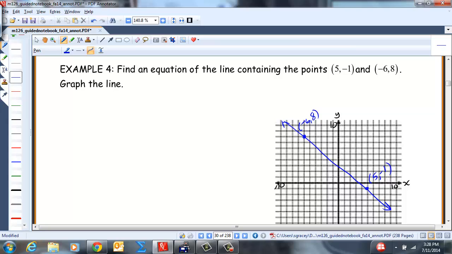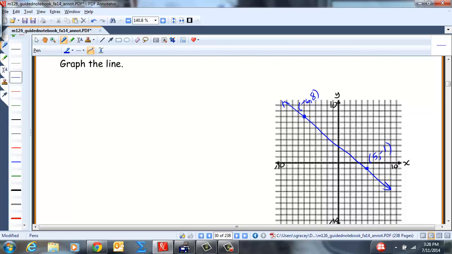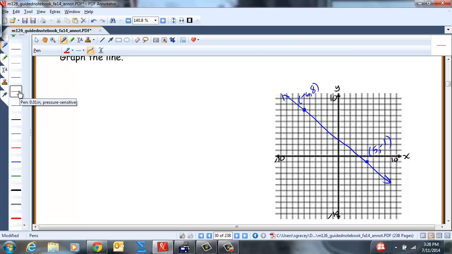Now check it out. You could actually just get your slope from the line itself. Do you see that you're going down 1, 2, 3, 4, 5, 6, 7, 8, 9. So that's down 9. And then we're going to the right 1, 2, 3, 4, 5, 6, 7, 8, 9, 10, 11. So right 11.